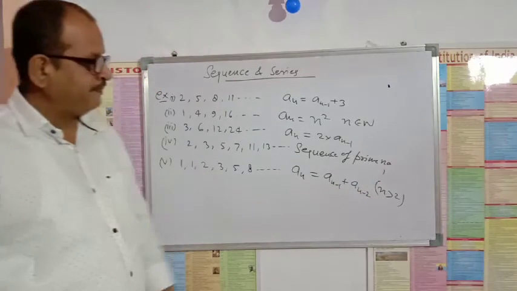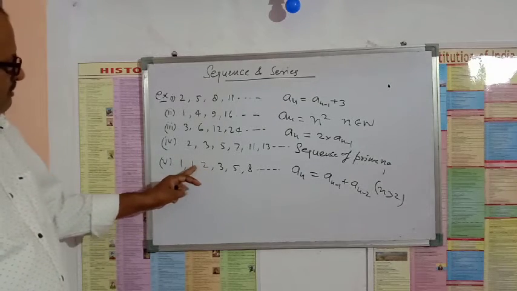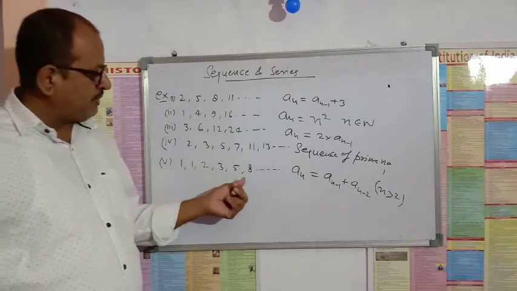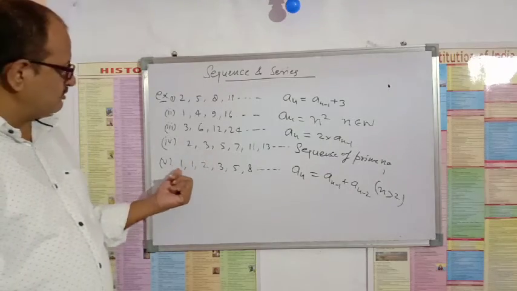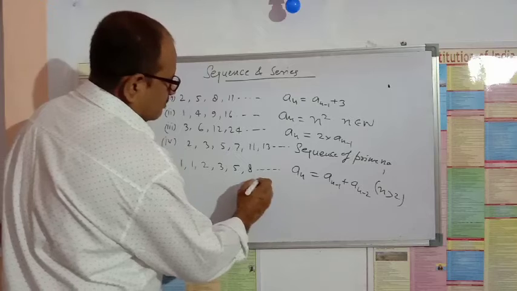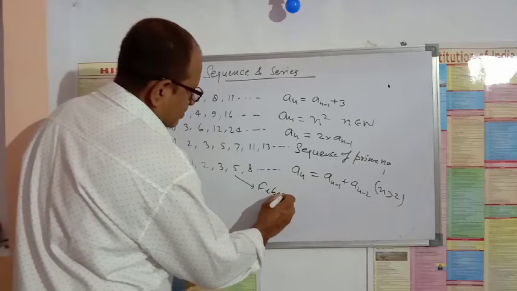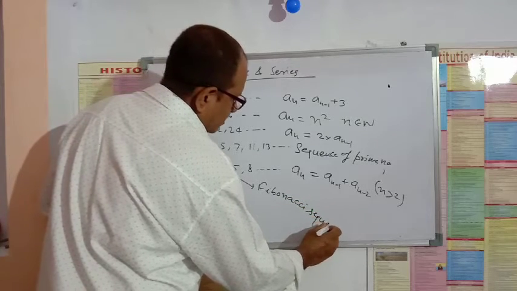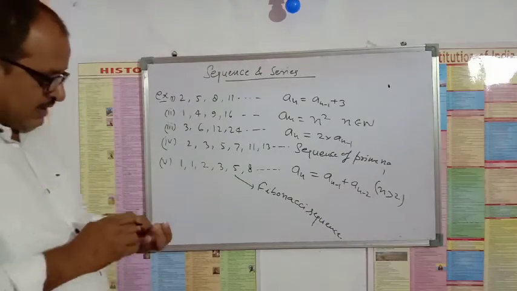The first two terms will be 1, 1. This sequence is called the Fibonacci sequence.